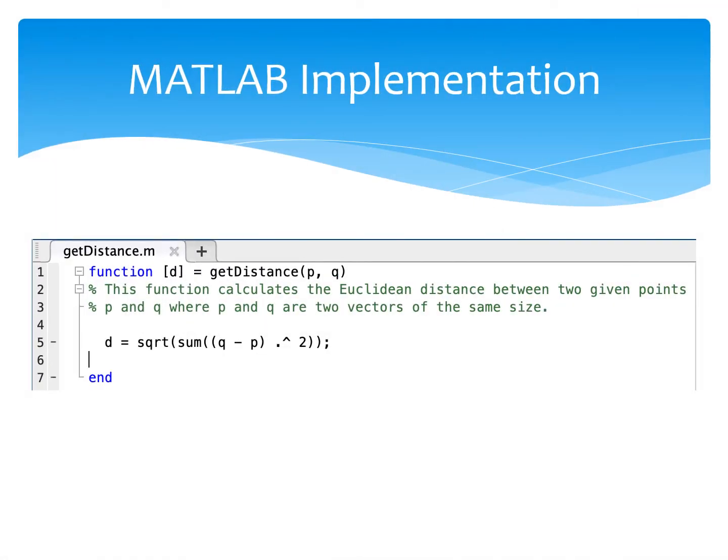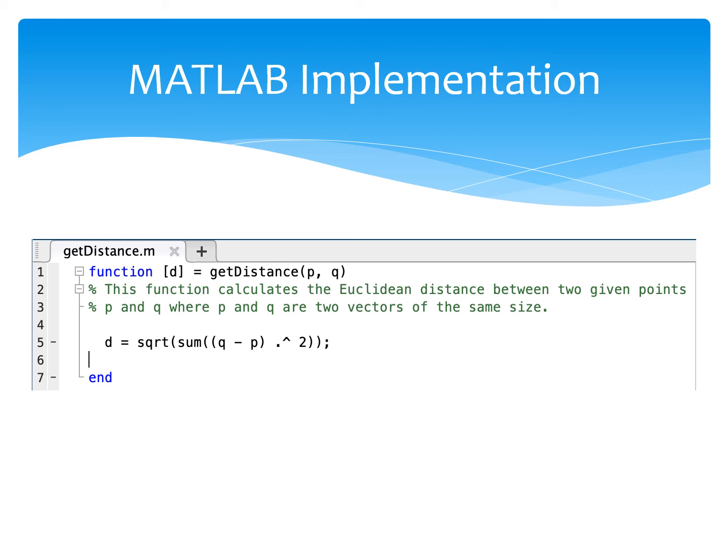We can simply create a MATLAB function named getDistance to calculate the Euclidean distance between two visual feature vectors representing two images. This function takes two visual feature vectors as its input parameters, p and q, and returns the distance d between p and q. We implement the formula using matrix operation as shown in line 5.